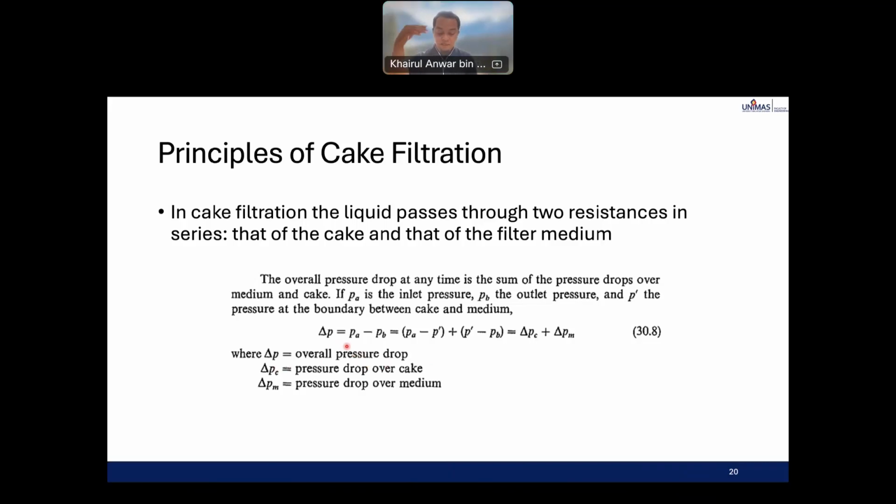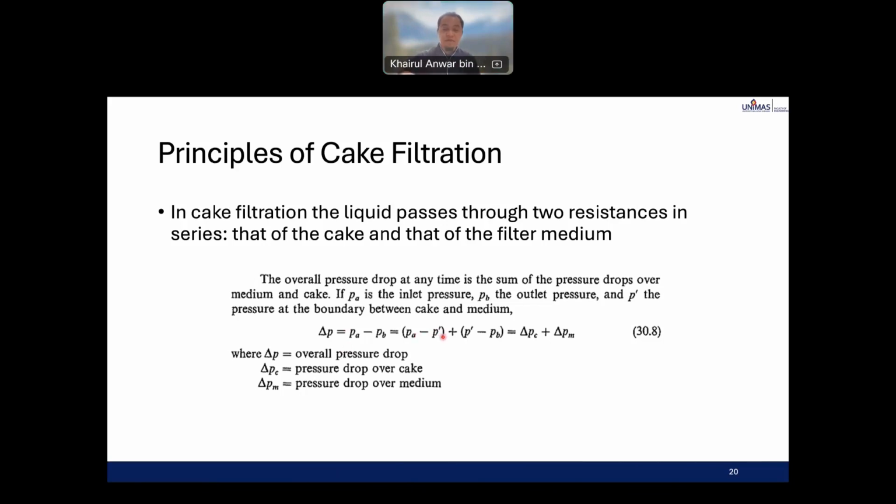So PA is the incoming. Then it will first reach the cake. After the cake, then the filter, the medium itself, or in this book they call it a septum. After the septum, then the filtrate, which is normally the clean water. So delta PC is equal to PA minus P prime, you see.